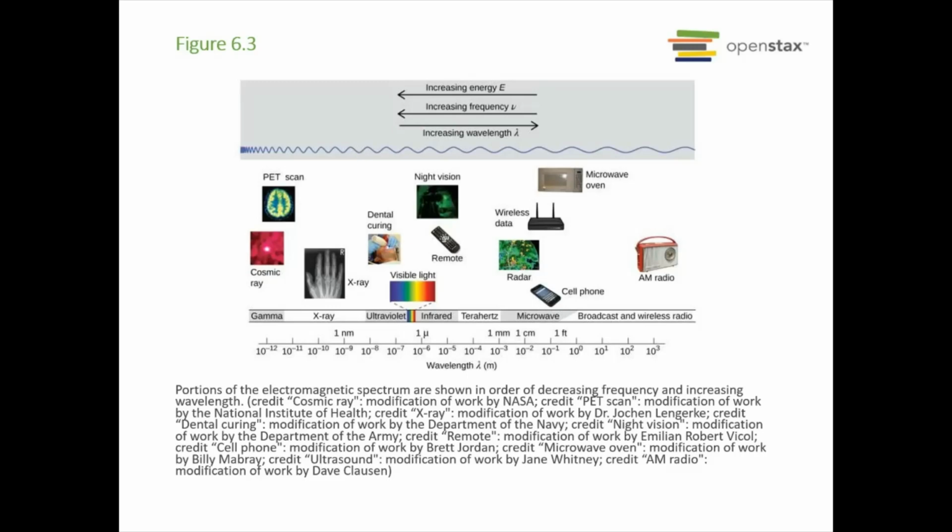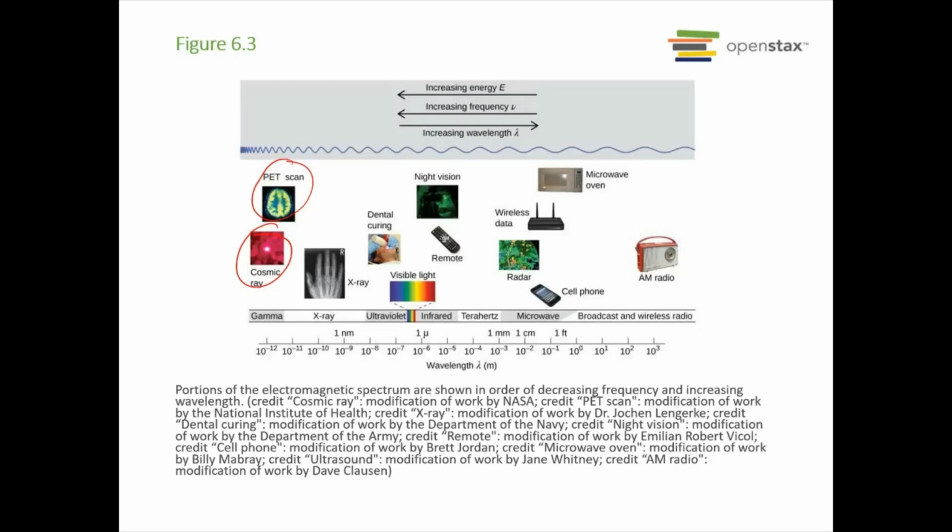We have gamma rays. These are the smallest electromagnetic waves that we know of. Okay, and so this is like cosmic rays, and PET scans of the brain are used in this gamma ray range. Then we go a little bit larger, so going from left to right, we're getting bigger in our wavelength.